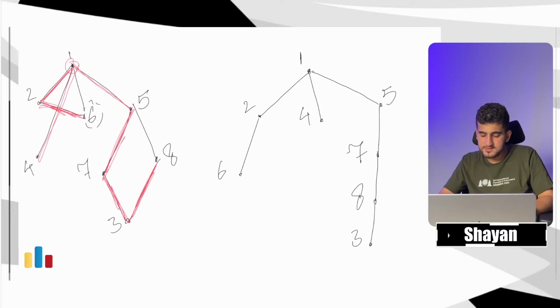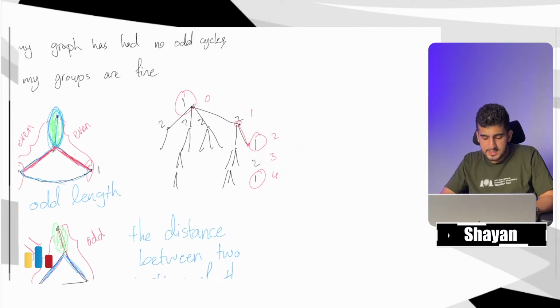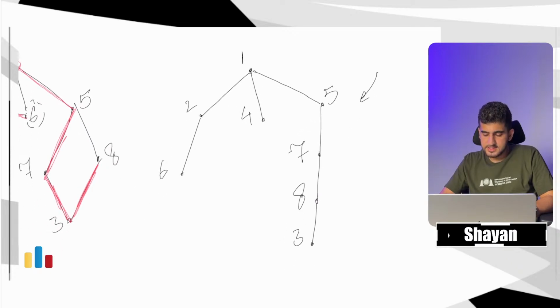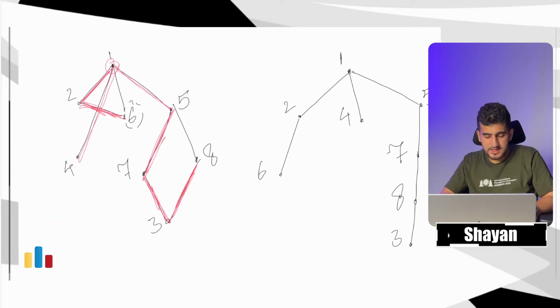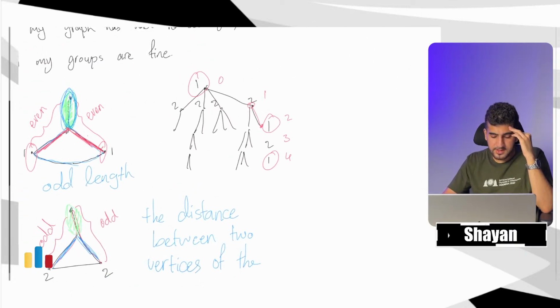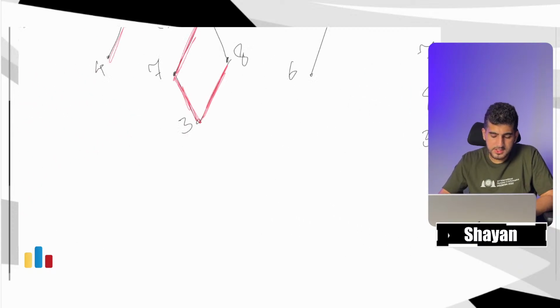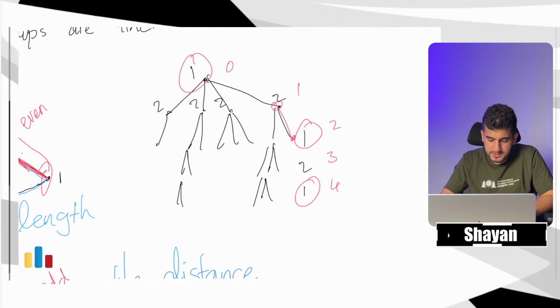Here I had an odd cycle, so this is not the example that we're going to run DFS on. But when we don't have an odd cycle, when we have this sort of structure, this can be anything. For example, this vertex has called these ones, then these ones have called these ones, and so on.